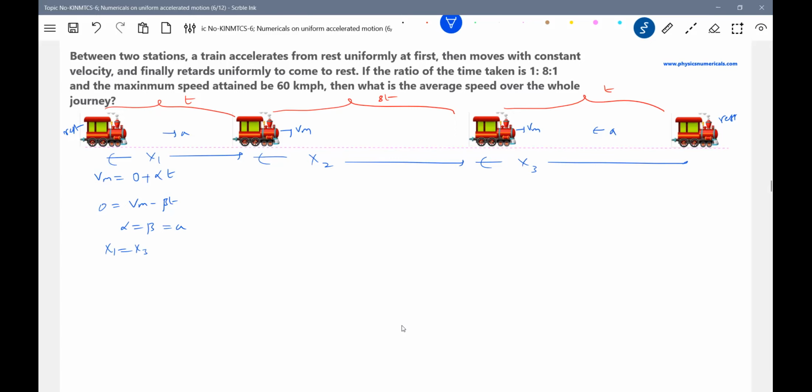So now we know the time intervals. We know the distances here. What is the basic definition of average speed? Average speed should be equal to x1 plus x2 plus x3 by t plus 8t plus t.